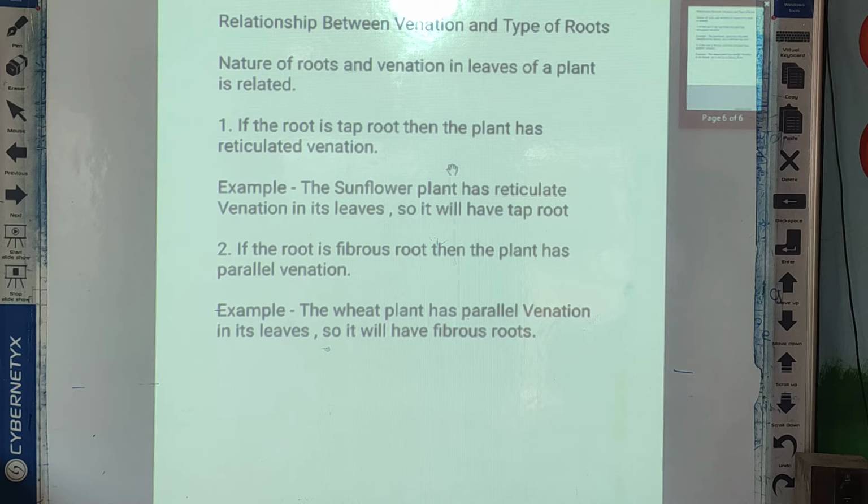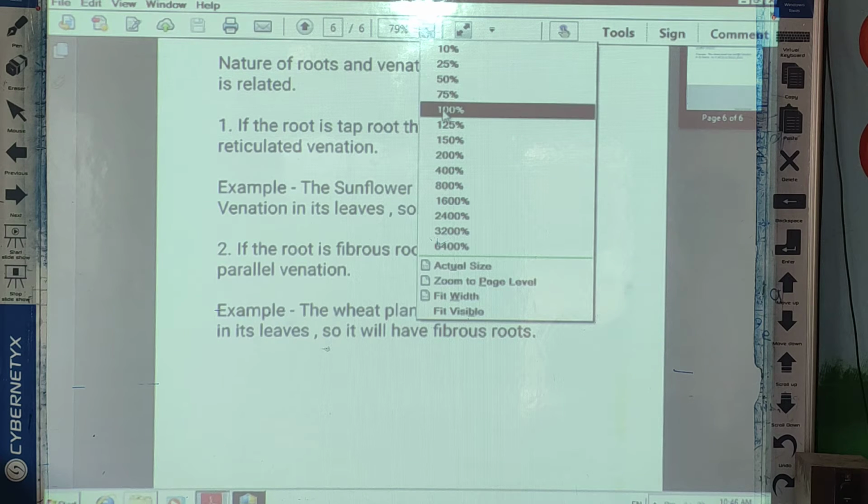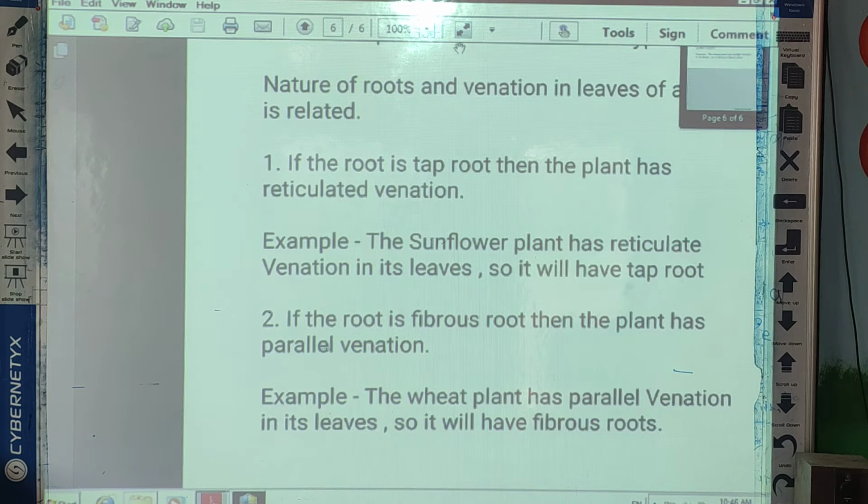Now, what is the relationship between the venations? Okay, so you can see, students, this is very important.